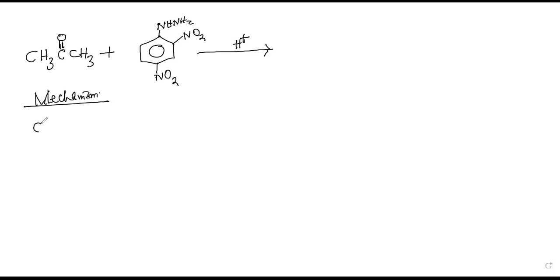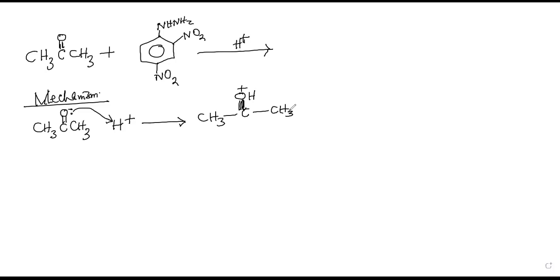So we have CH3 CO CH3, first bring an acid. From CH3 C double bond OH plus, then CH3. Now you bring your hydrazine, so I can draw it like this.